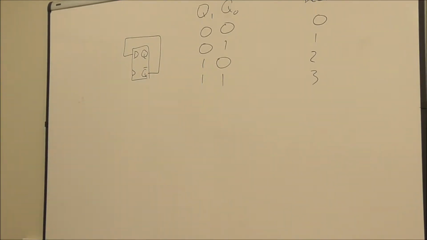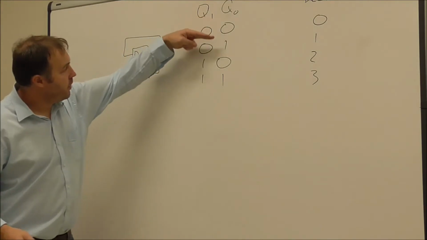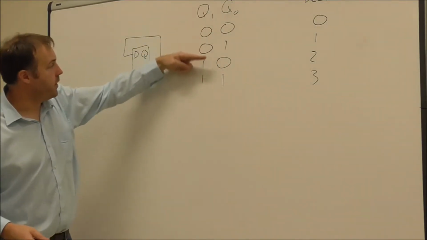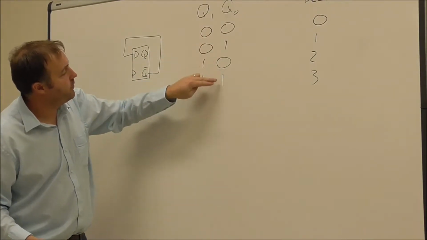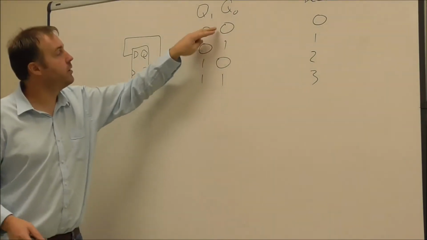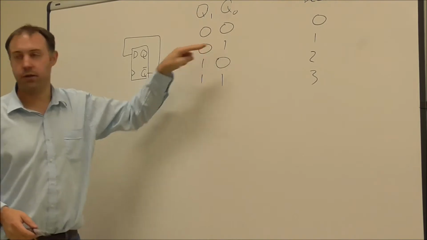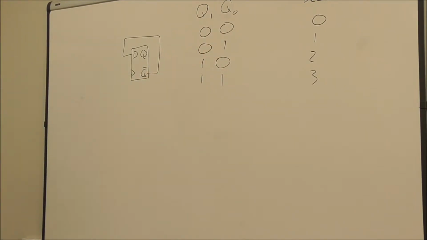Now, as we go down the counting here, so we're just incrementing our count, you notice how every next number, this Q0 is changing. So it's toggling every time.